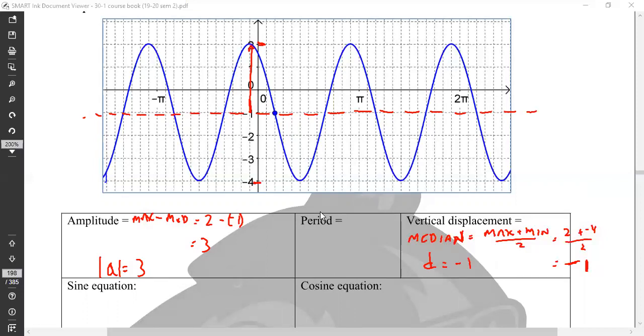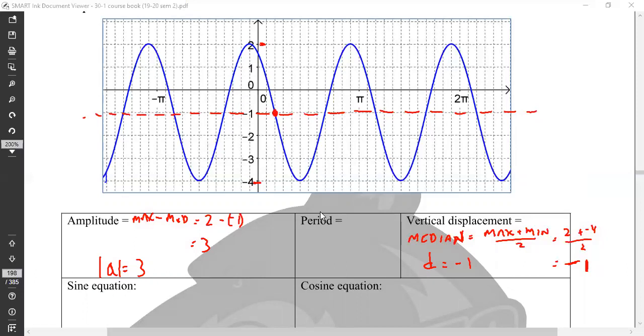All right, period. Period is a little trickier. A and D are maybe a little more straightforward. Period. We have this start point here. Well, this would be the start point for negative sine.